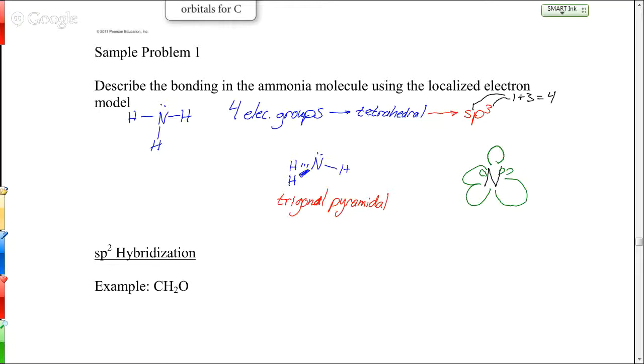And then there's going to be a 4th one that contains that lone pair. The hydrogens are bonding with their s orbitals. And that is a picture of what the bonding looks like.